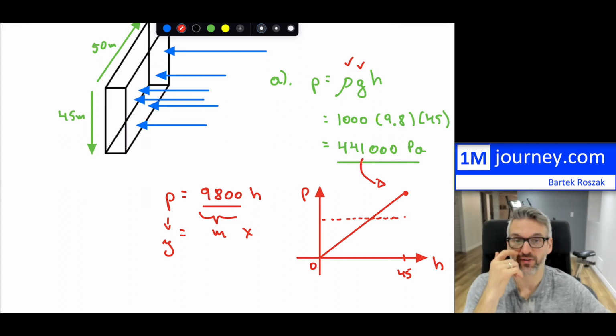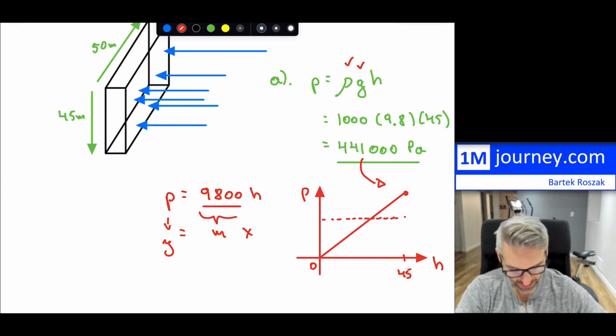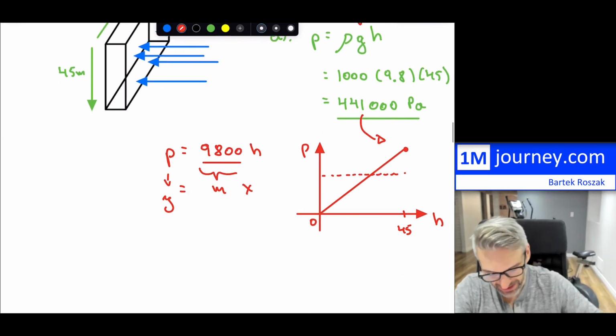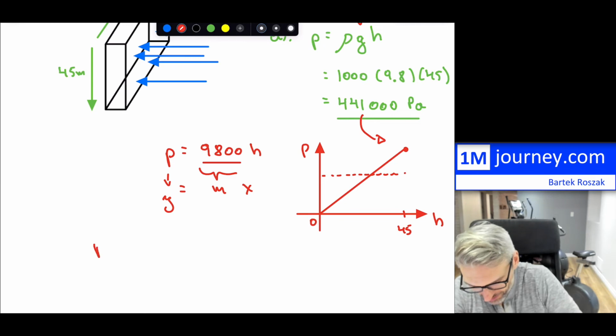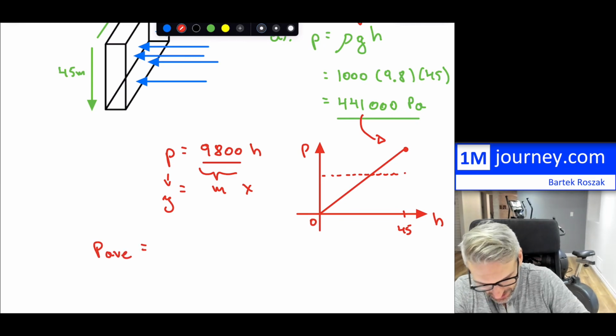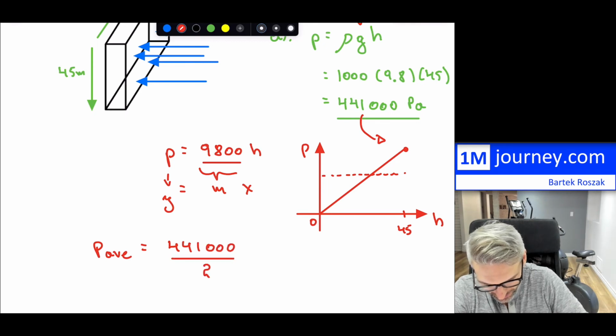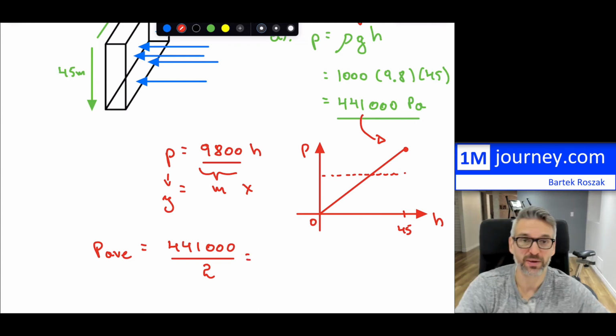We can easily find the average by taking the 2 points and dividing by 2. So the average pressure is equal to the half point, which is 441,000 divided by 2. So it's halfway down. We could have found that out by simply substituting the height, h, which is 45, divided by 2.